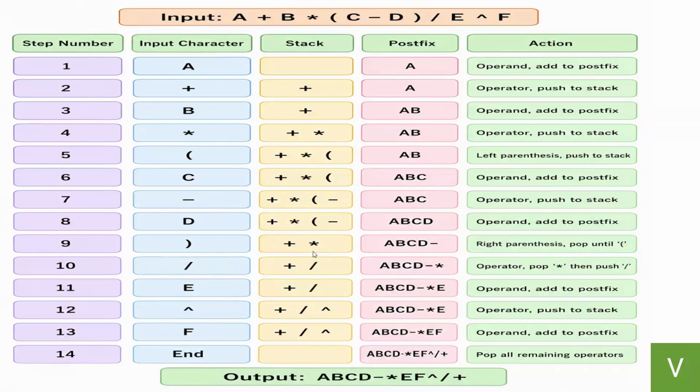So we will pop out the top element from the stack and push it into the postfix, and we will push the input character to the stack. So this is the process of converting the infix expression to the postfix expression. Now let us implement a C program for converting infix to postfix.